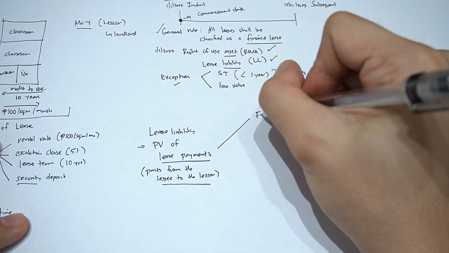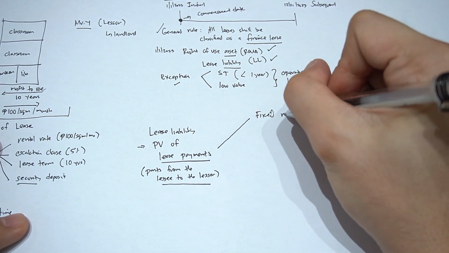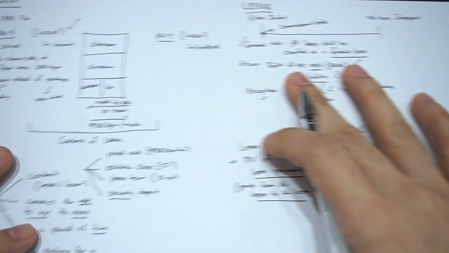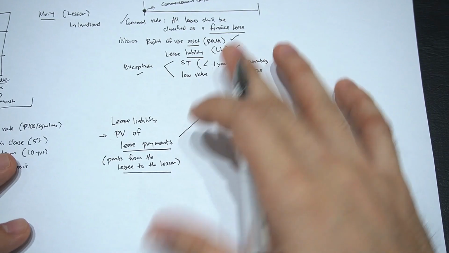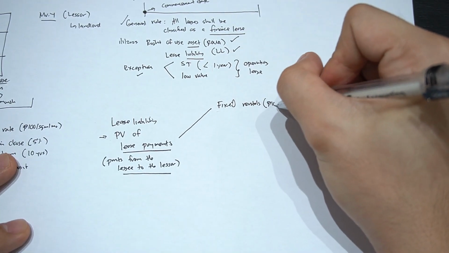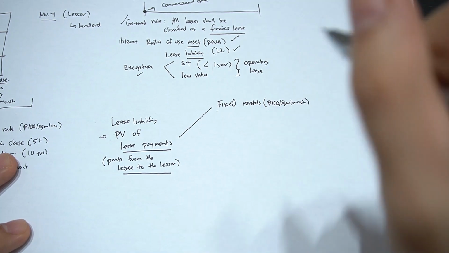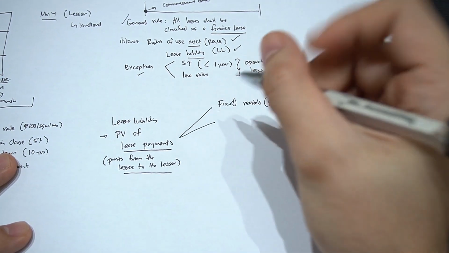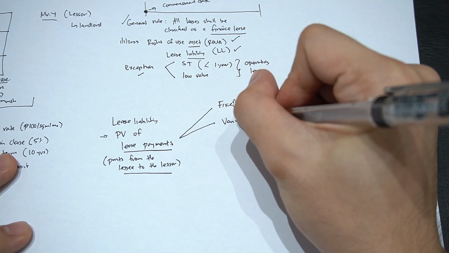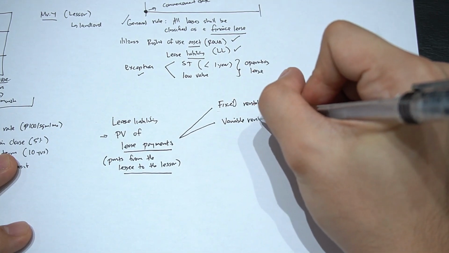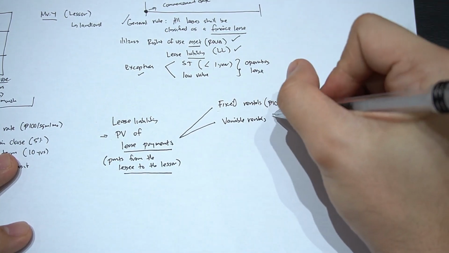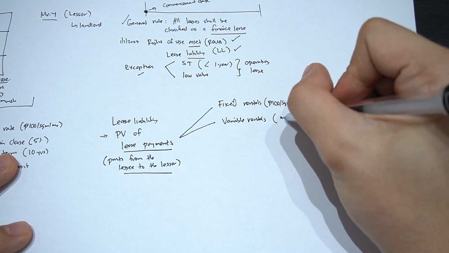Number one is the fixed rentals. In our illustration earlier, yung fixed rentals dito is 100 pesos per square meter per month. Right? Okay. Next is variable rentals. Sir, meron palang variable rentals? Yes, actually common siya class sa mga malls.